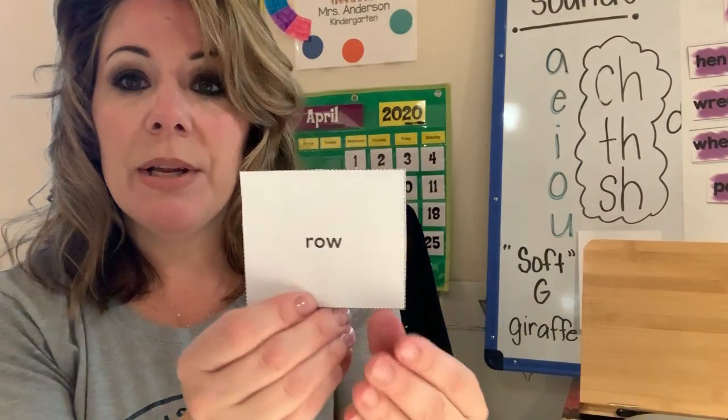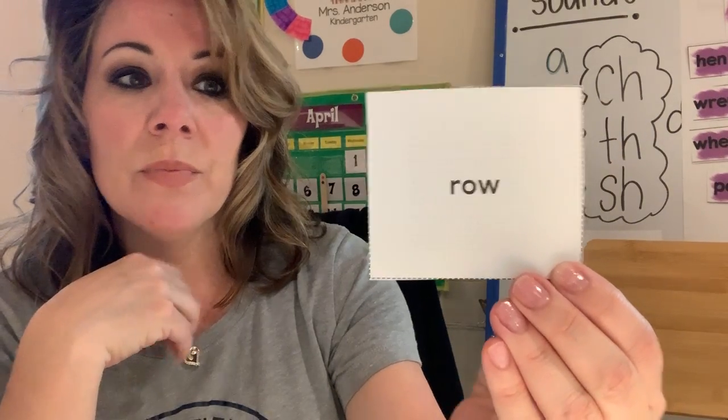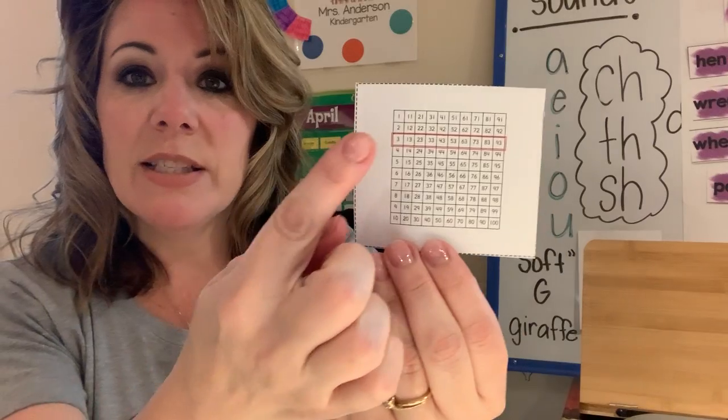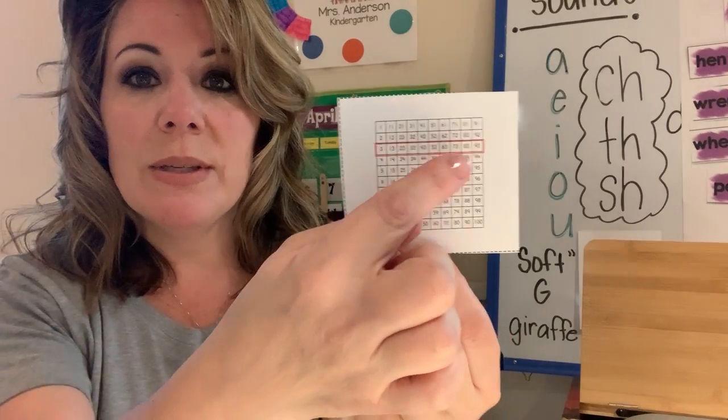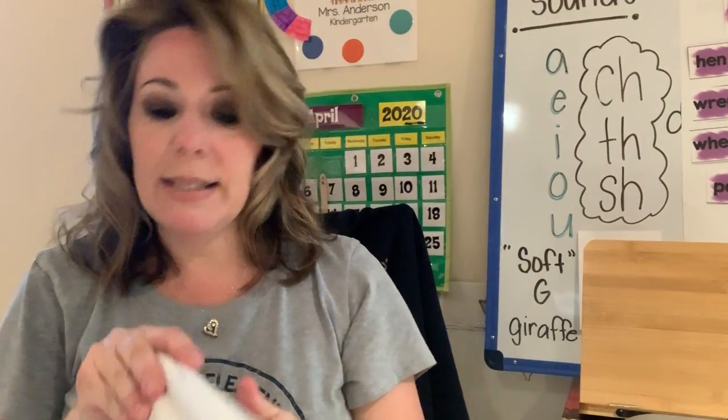The other word is row. Look at the word row. Row talks about numbers or objects that go side to side. So we have top to bottom, side to side.